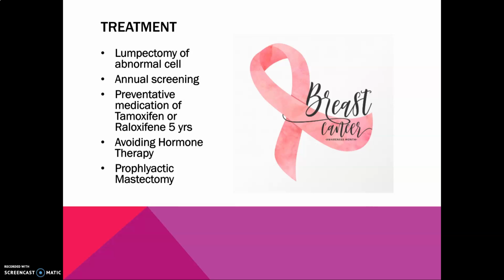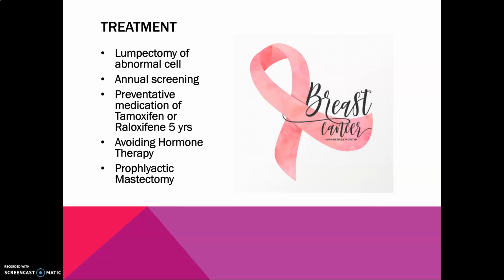Treatment. Sometimes a lumpectomy is performed to further evaluate ALH or to remove abnormal cells if the biopsy detects other abnormalities. Generally, a follow-up physical exam is done at 6 months with a possible mammogram.